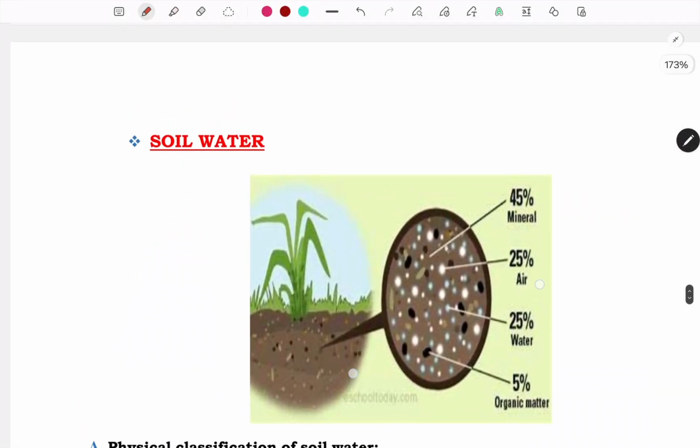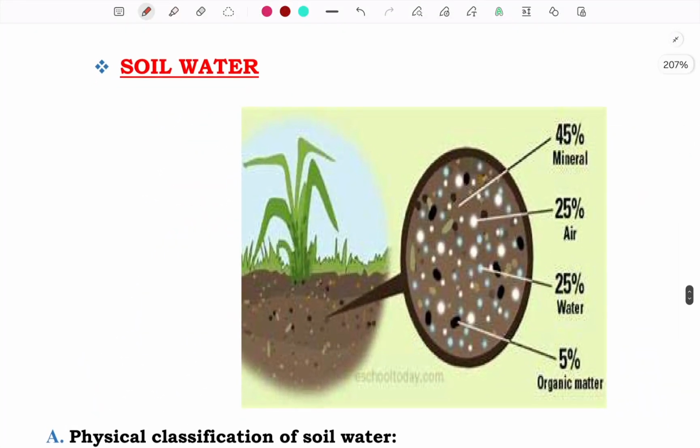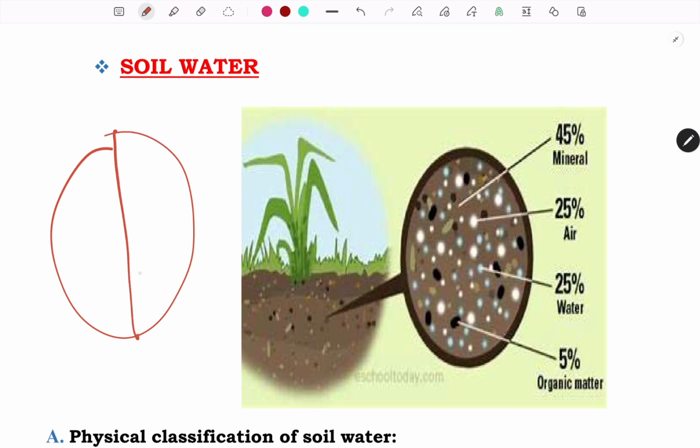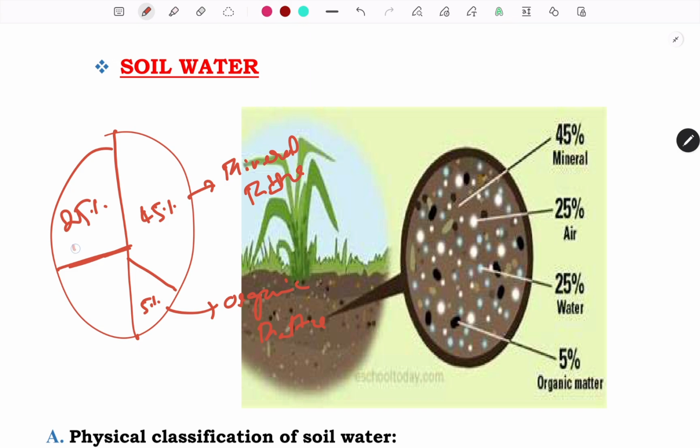The next one is soil water. We have already discussed in the first class, if this is a soil, for example, around 45% will be mineral matter, and 5% is organic matter, and 25% will be soil water, and the other 25% will be soil air.